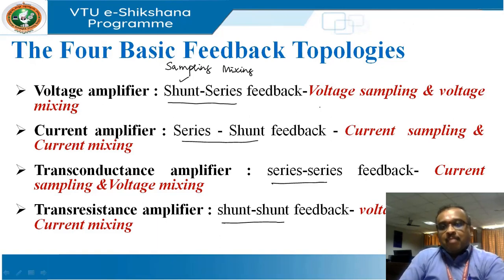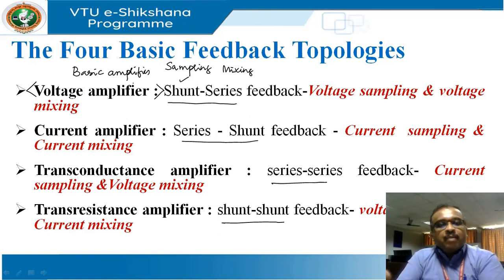So keeping that in mind, what is happening in a shunt series is, remember the basic amplifier being used is a voltage amplifier. The first terminology in all these four categories indicates the basic amplifier. And finally we can still call it a voltage amplifier, but now it will contain the feedback part.